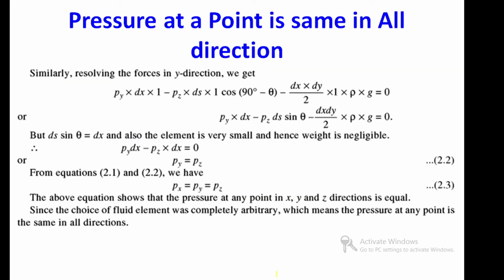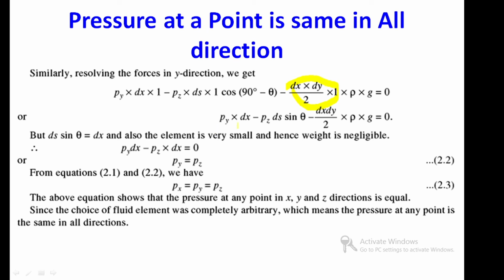Similarly, resolving the forces in the y direction: Py dx 1 minus Pz ds into 1 cos of 90 degrees minus theta. Here is the vertical component force, so the weight is also included, dx into dy divided by 2 into 1 rho g, as discussed in the previous slide.